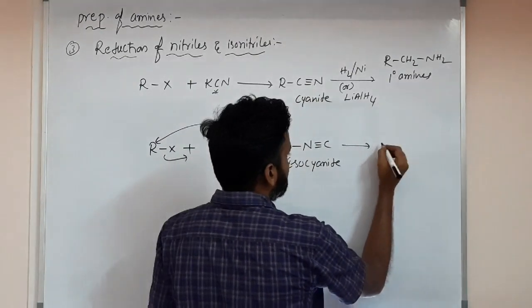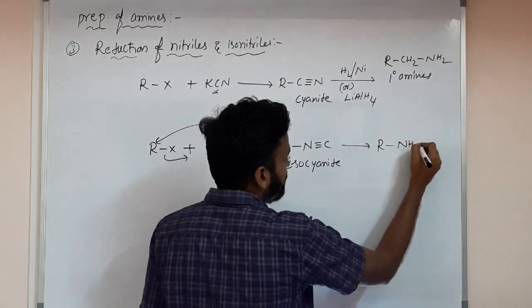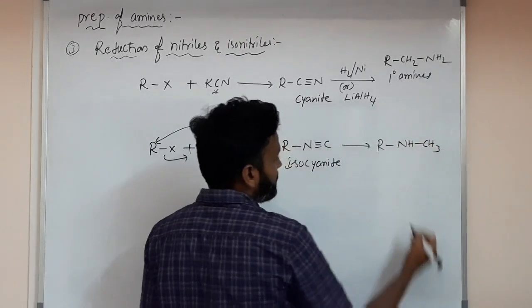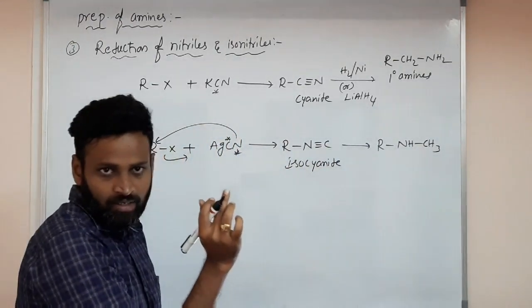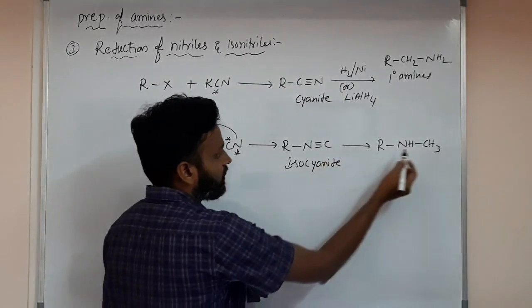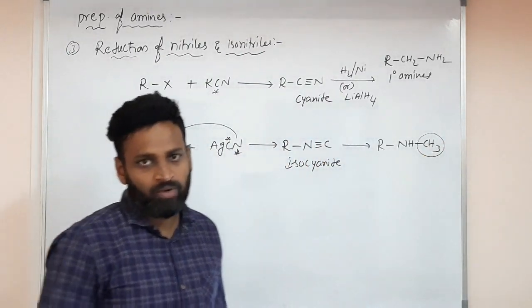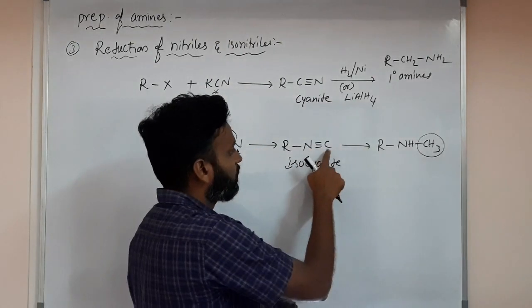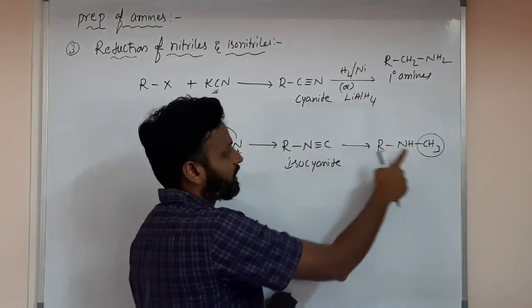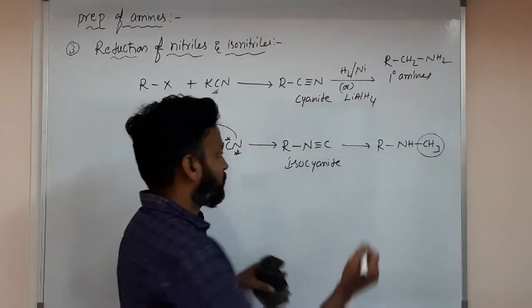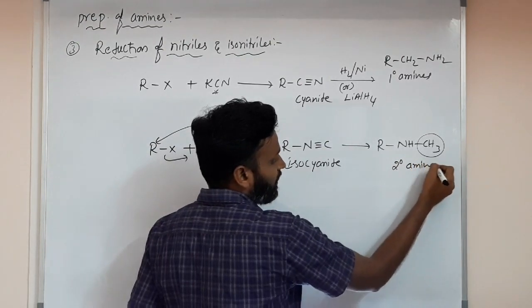And for isocyanides you get RNH and a single bond CH3. So isocyanides on reduction always have one terminal as methyl. This is a very important thing, because N triple bond C has only one carbon, so that carbon converts to methyl. So isocyanides give secondary amines.